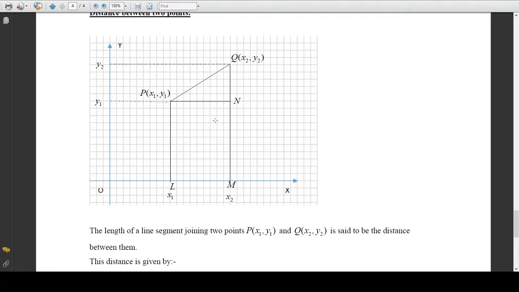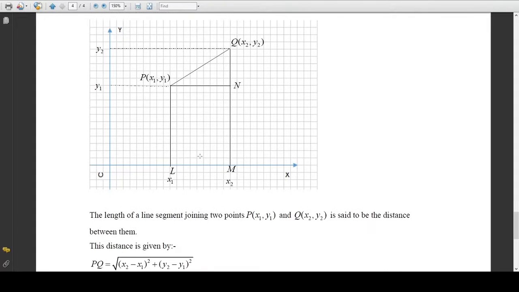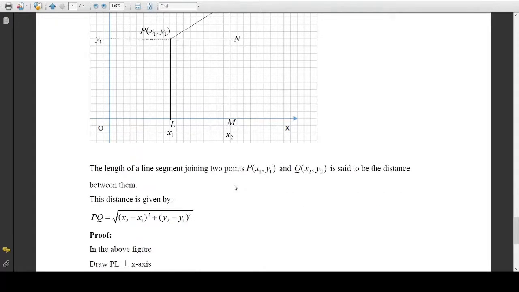Clear? Now, how do we arrive at this formula, which is also known as the distance formula? Let us see the proof of this.